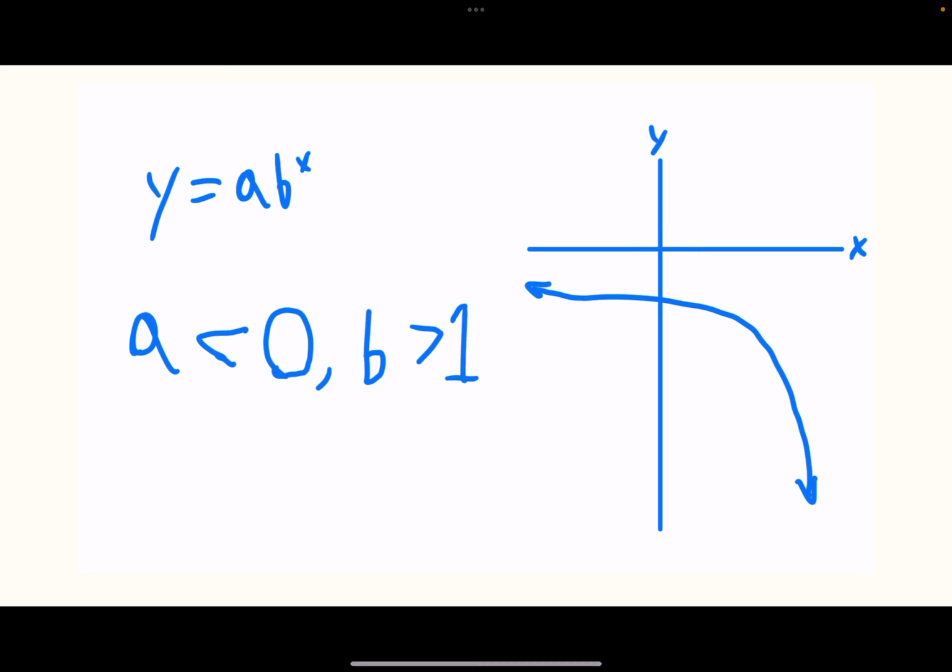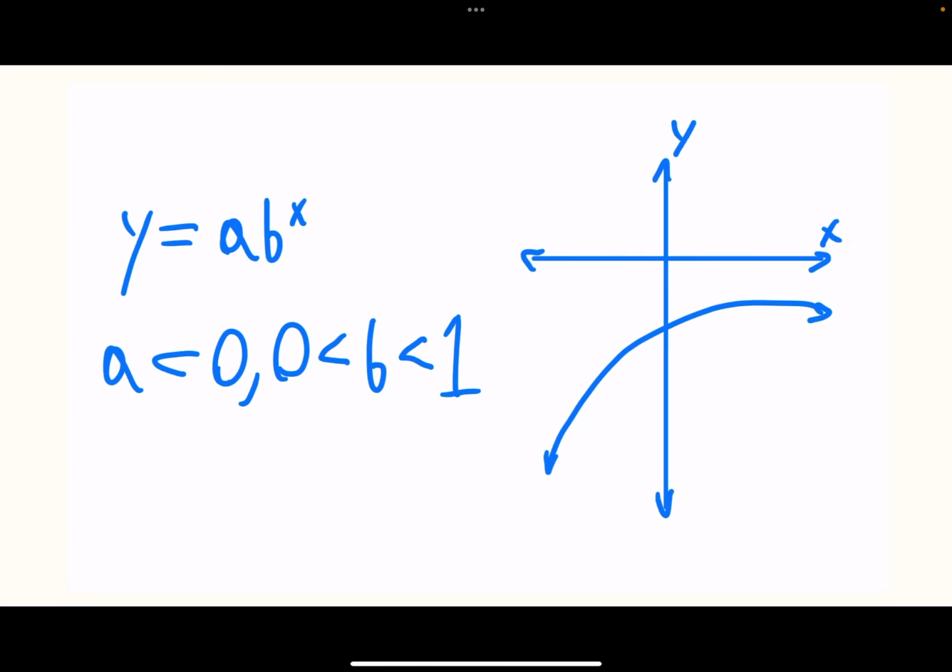And here's another example of still the same, but just a different scenario of a being less than 0 and b being greater than 1. You'll see the curve now instead goes to the left of the x-axis towards down of the y-axis.